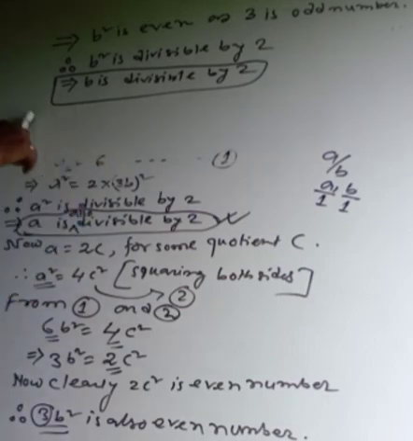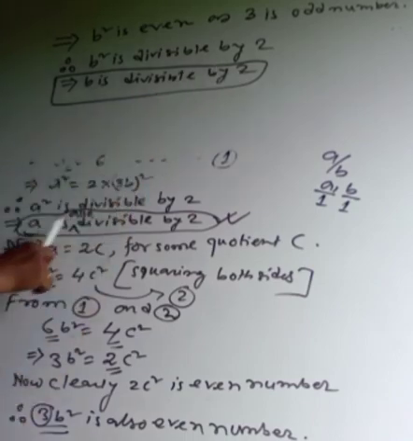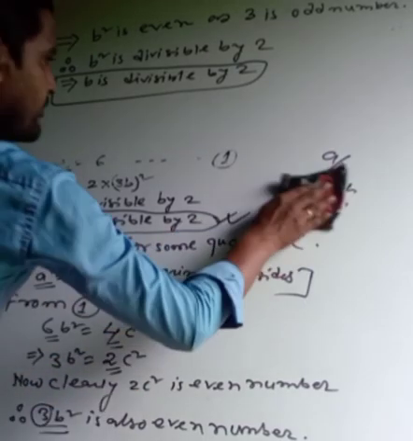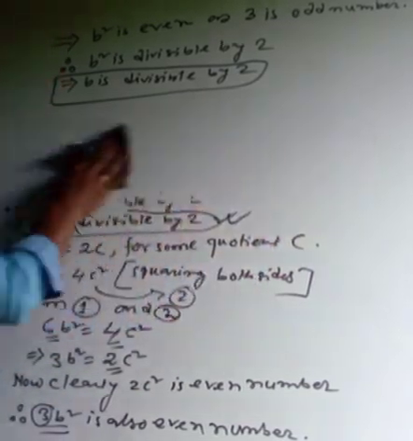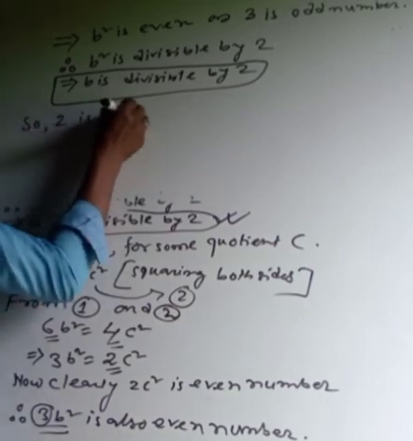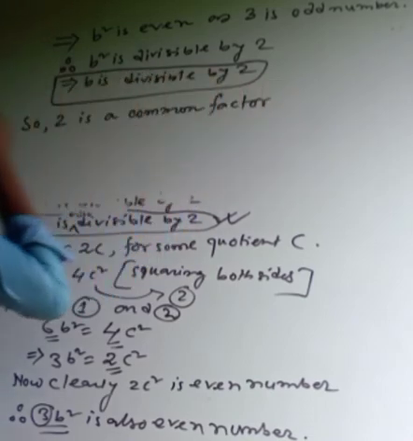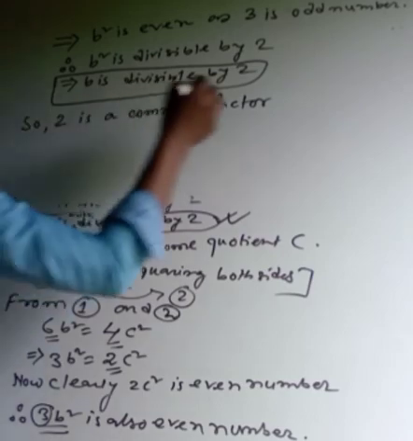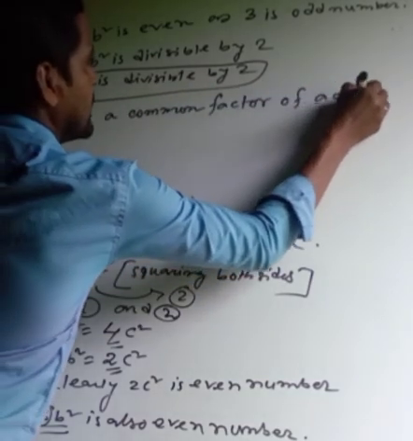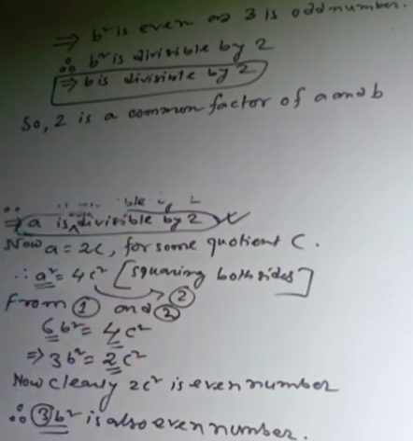But we can see b is divisible by 2, a is also divisible by 2. So 2 is a common factor of a and b.